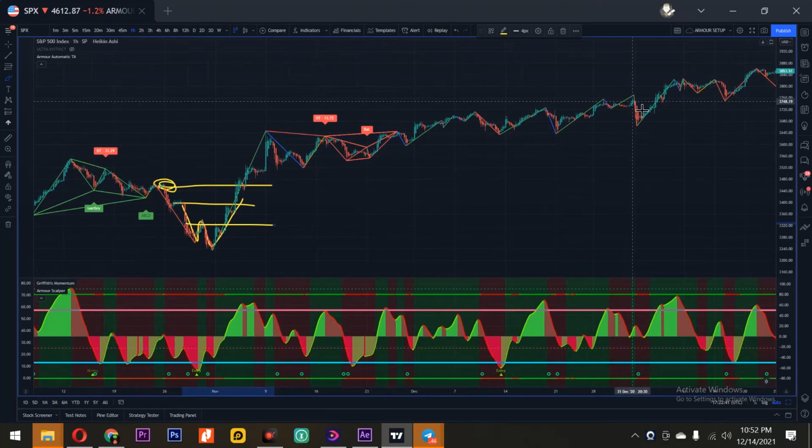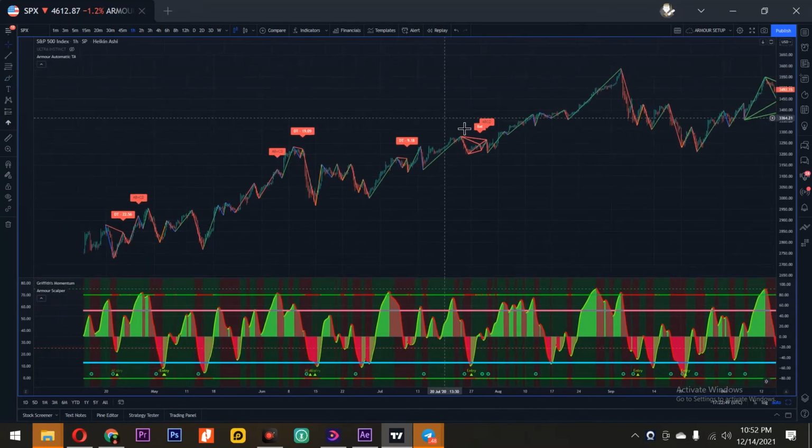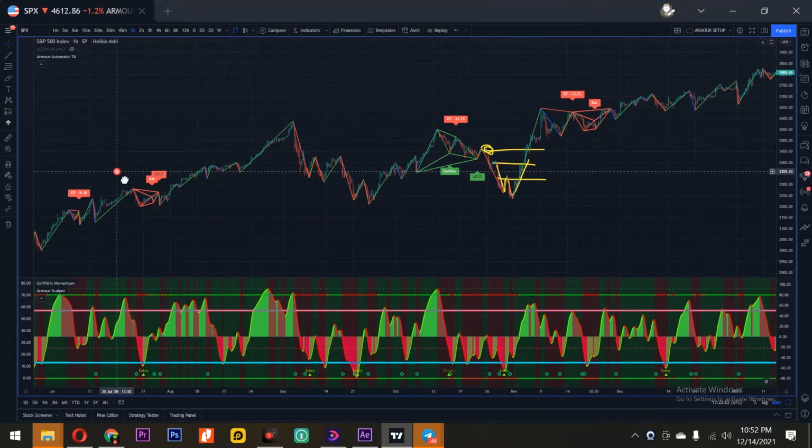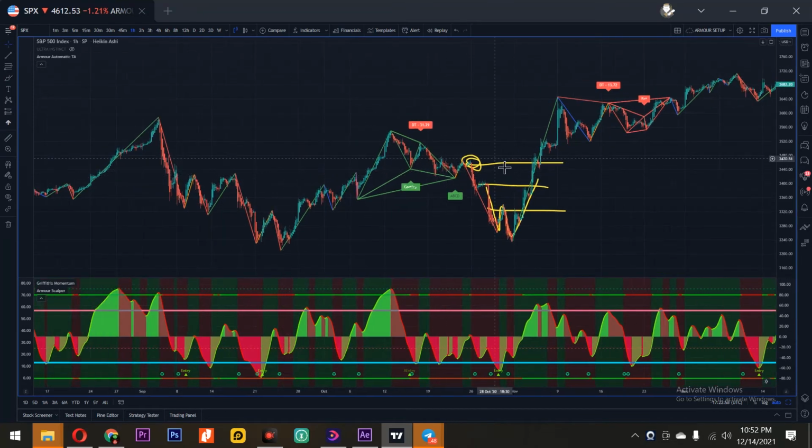And here we can see all. Here is another extended W. So the market acts according to these patterns. These patterns are nothing. These are the behaviors of the traders. These are the emotions. These candlesticks are the emotions of the traders, the way a trader reacts in the market.